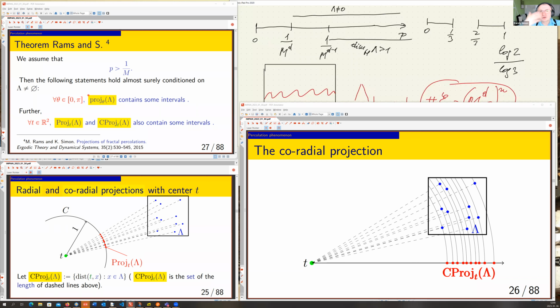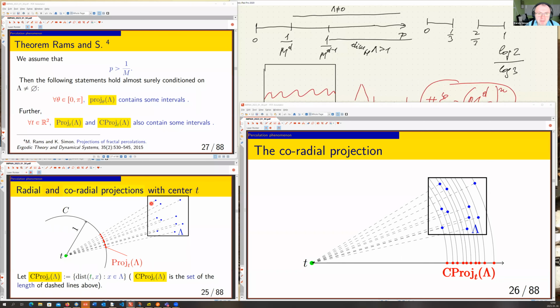So for almost all realizations of this set, it happens simultaneously for all directions: the projection contains an interval, and also the radial and co-radial projection. This co-radial projection is basically the pinned distance set, pinned at this point. So the pinned distance set also contains an interval.